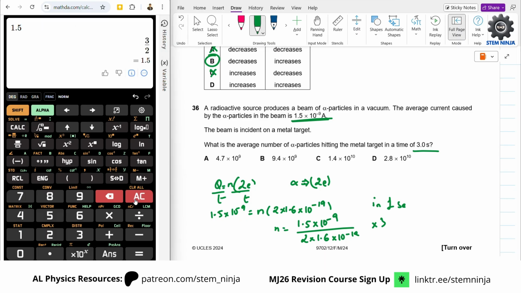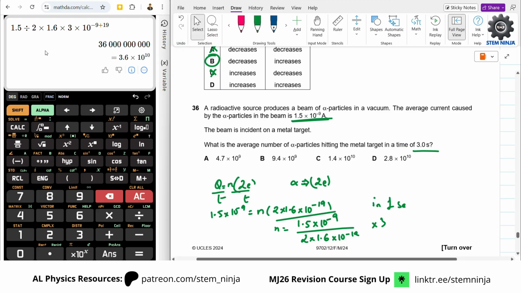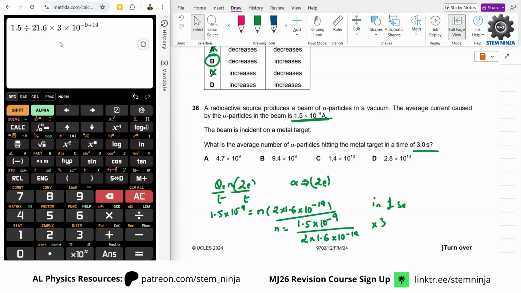So 1.5 divided by 2 divided by 1.6 times 3, 10 raised to power -9 plus 19, in a time of 3 seconds. So the answer is 1.4 × 10^10.